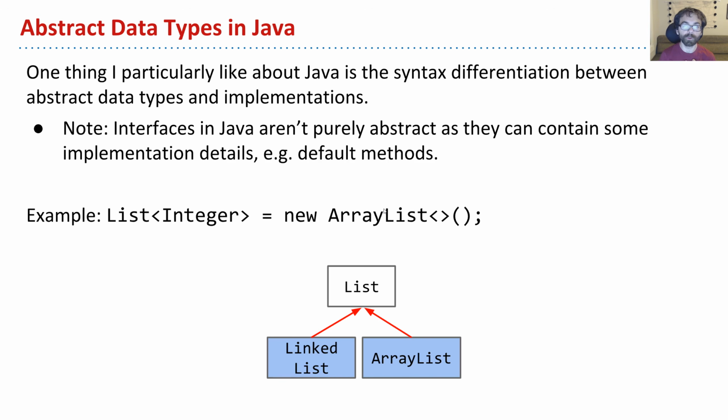Now, one thing that's so cool to me, as somebody who is intellectually excited about the difference between abstract data types and concrete implementations, is that Java syntax allows you to write that right in your code. This is just some list, but we're not saying what kind. It's abstract. And we're saying, well, specifically we want an array list, but really the variable in this case is a list.